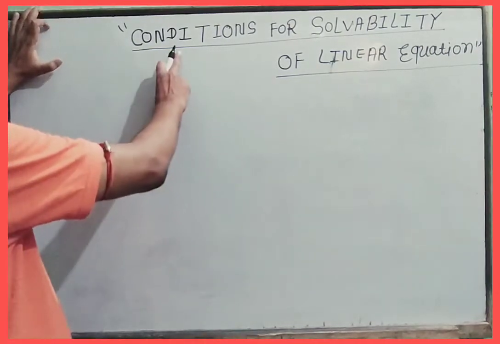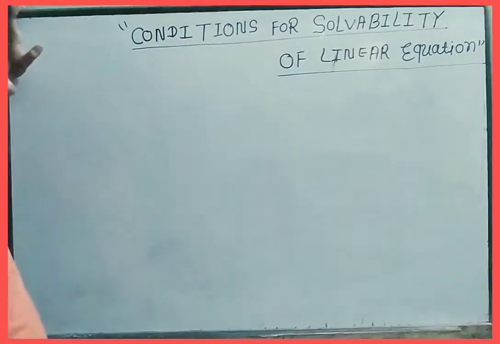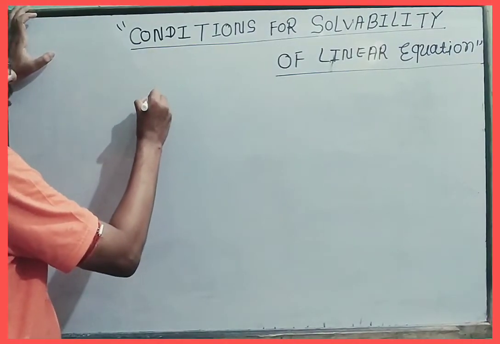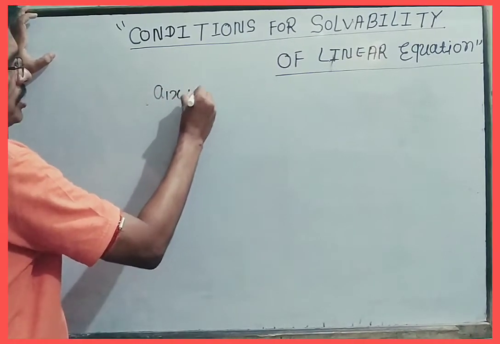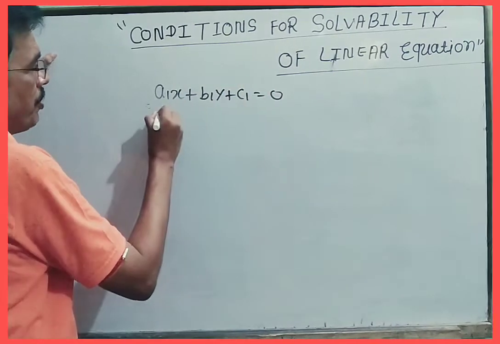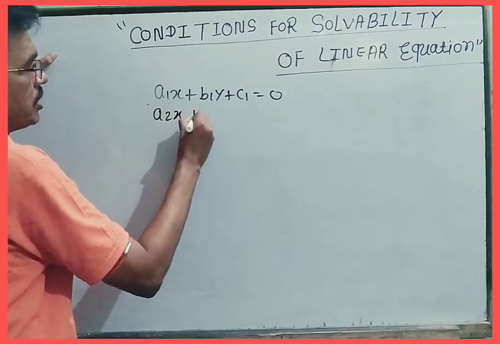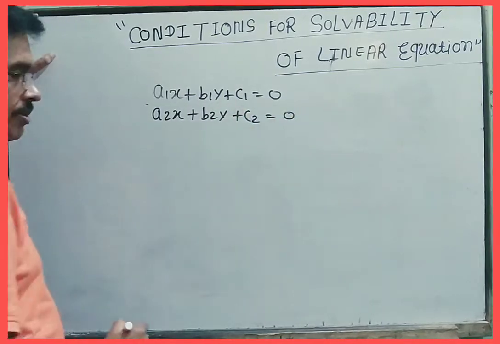Here are the conditions for the solvability of linear equations. Students, the general form of the linear equation is a1x plus b1y plus c1 equal to 0 and a2x plus b2y plus c2 equal to 0.